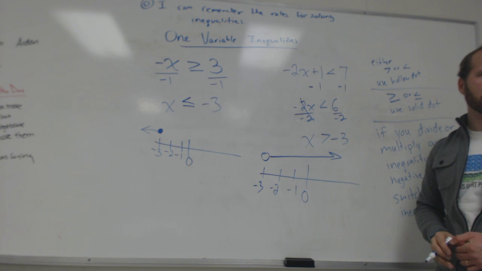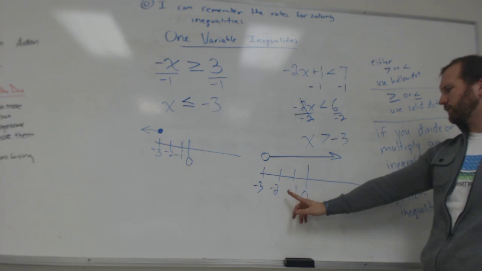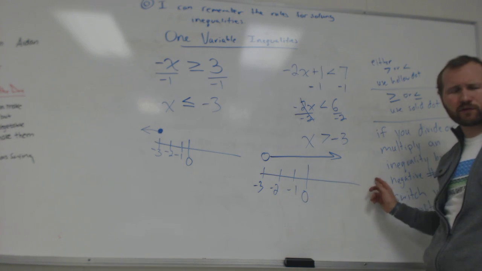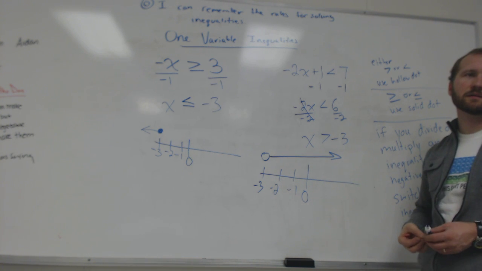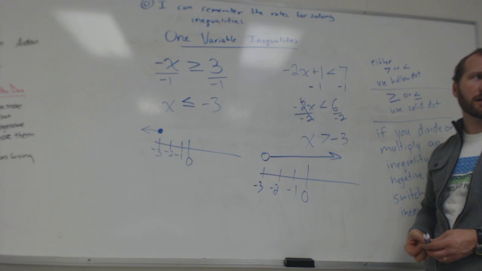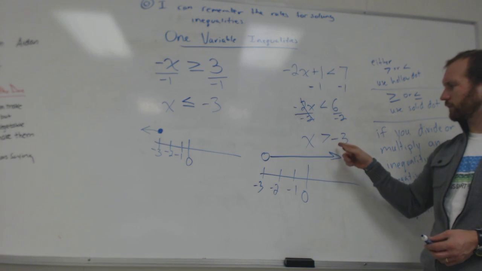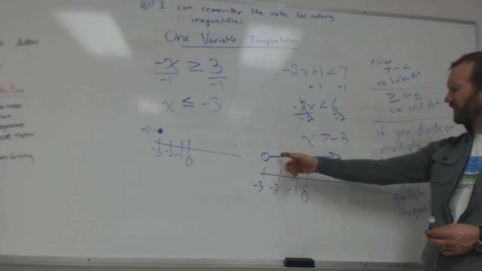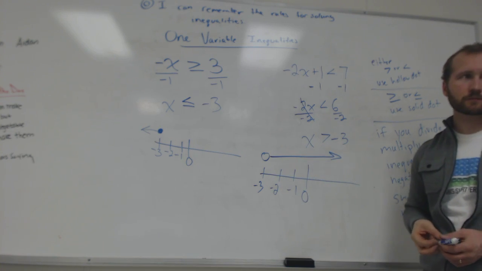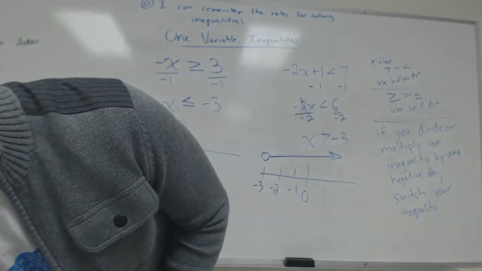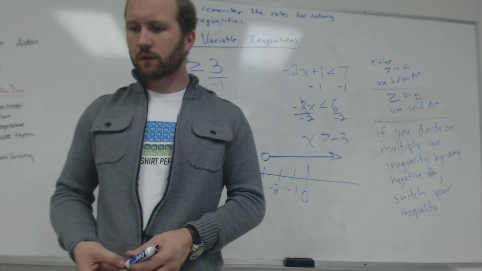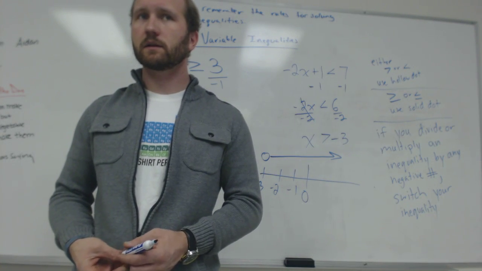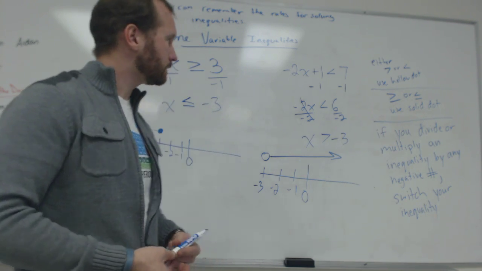If x is greater than -3, x could be -2, -1, 0, 1, 2, 3, 4, 5, 7.96254321. Right? All of those would be greater than -3. So our arrow has to go in this direction. All right, do you guys have questions? Questions about that? No?